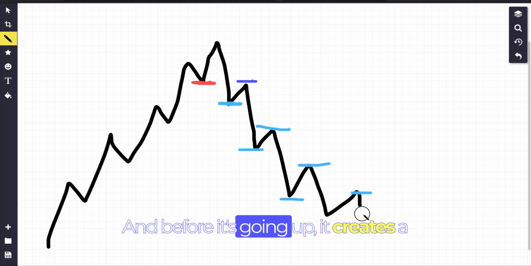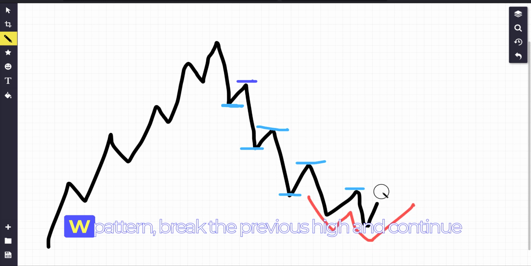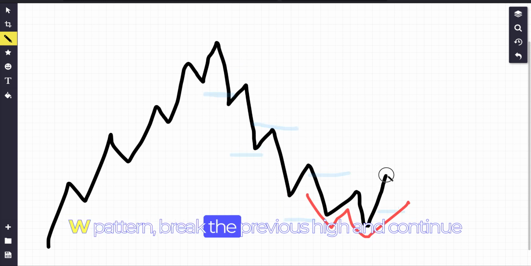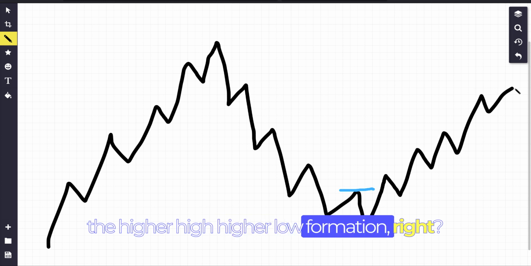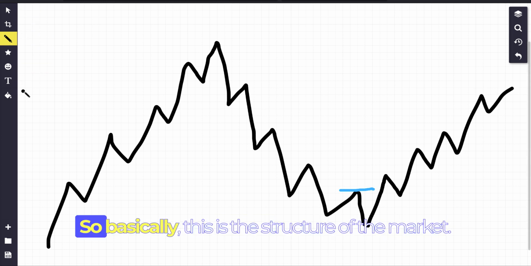Before it goes up it creates a W pattern, breaks the previous high and continues the higher high, higher low formation. So basically this is the structure of the market.